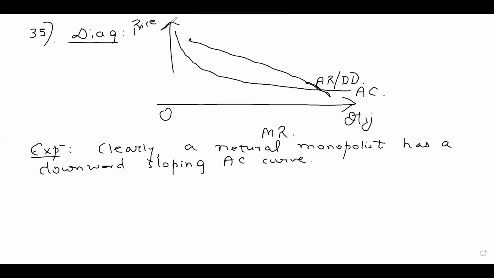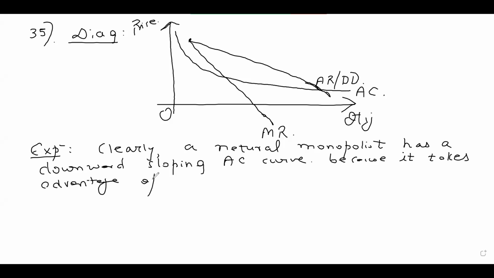Let me also draw the diagram more clearly. A natural monopolist has a downward sloping average cost curve because it takes advantage of economies of scale.